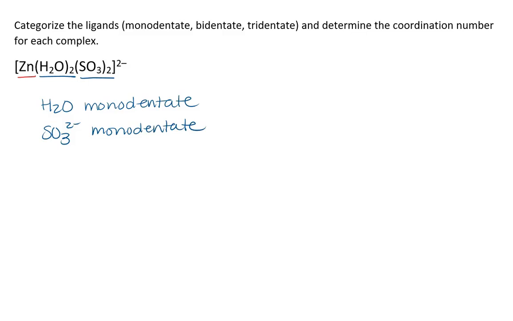To figure out the coordination number, we need to add all of the bonds together coming from all of the ligands. So we have 2 waters, where each water contributes 1 bond, and we have 2 sulfites, where each sulfite contributes 1 bond. And when we add them up, we get a coordination number of 4.